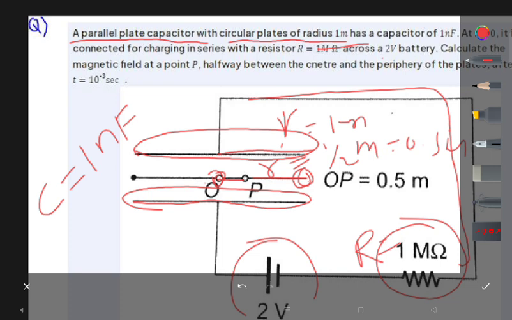At this point we have to calculate the magnetic field. For this purpose we have to draw an Ampere loop with a radius r dash equal to half meter, like this.